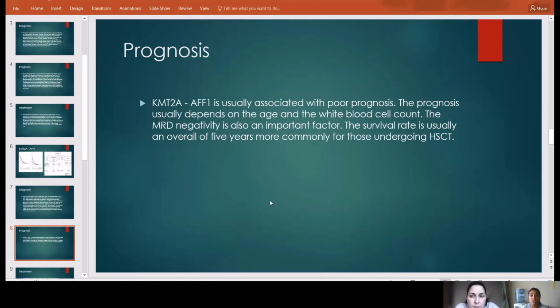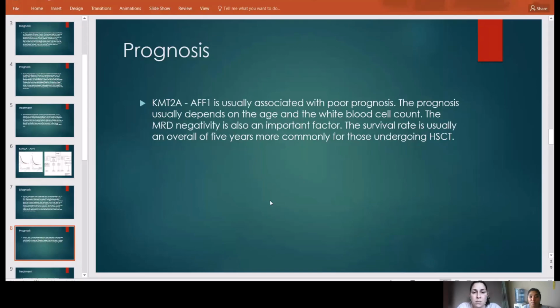This gene is usually associated with a poor prognosis, which means that sometimes there aren't that many signs and symptoms that can decipher what exact gene or what exact fusion you are dealing with.